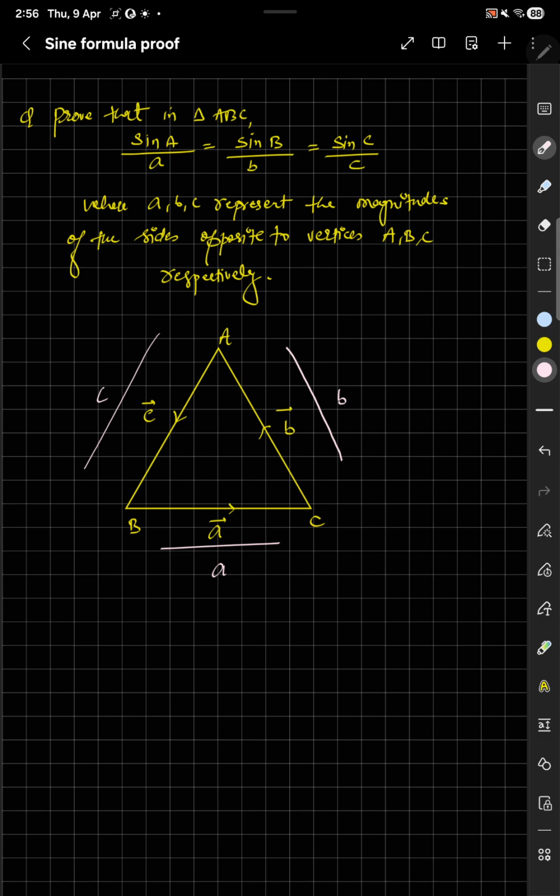Now we have to prove this: sine of angle A upon a is equal to sine of angle B upon b is equal to sine of angle C upon c.